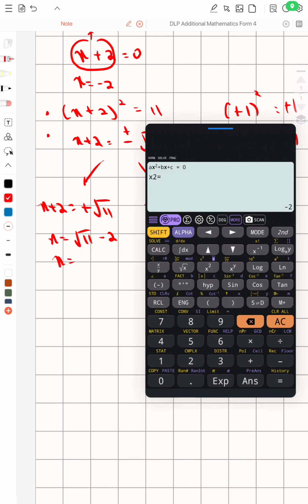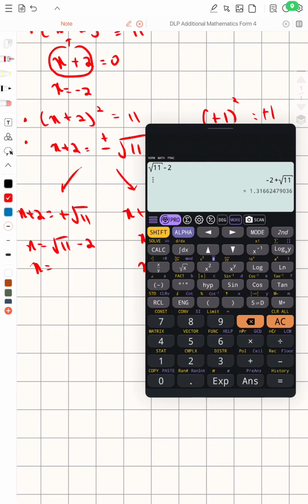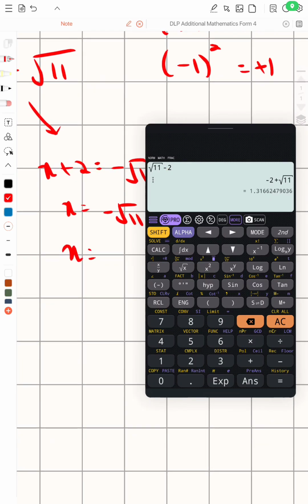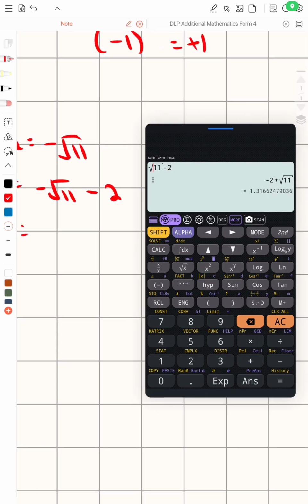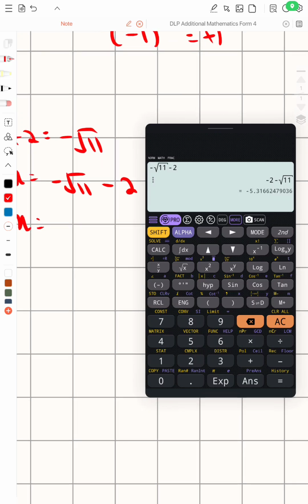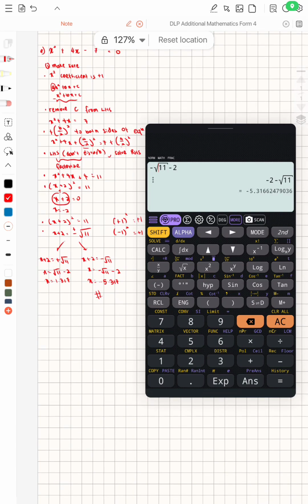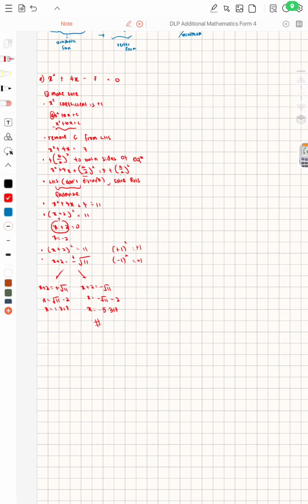So this one you just type in calculator lah. So this is how you would find the roots of quadratic equation using completing the square method.